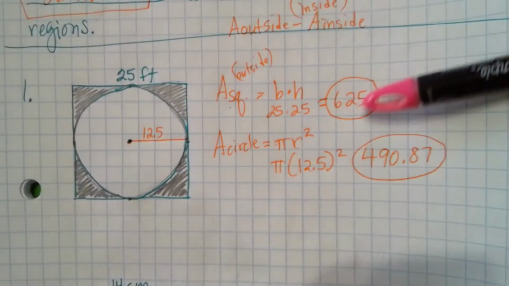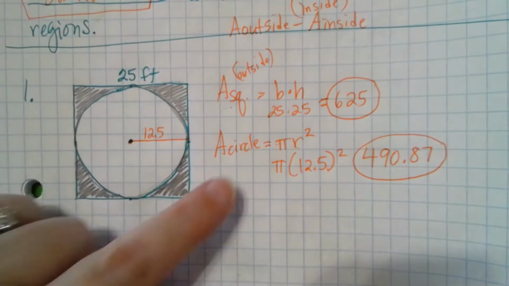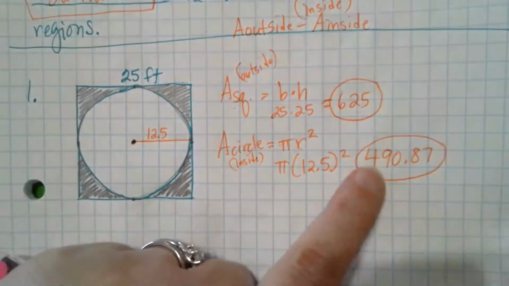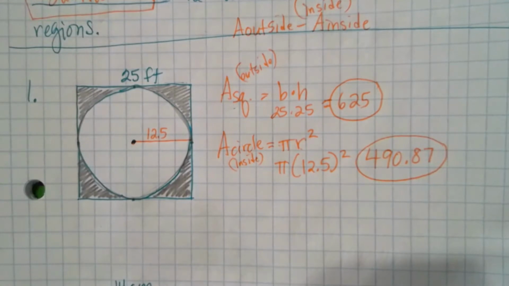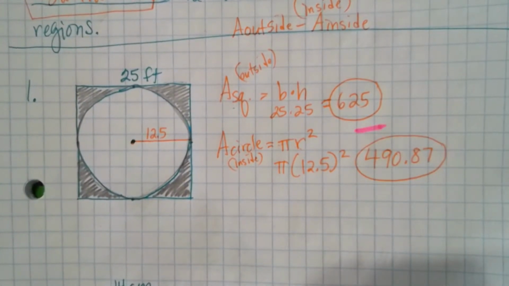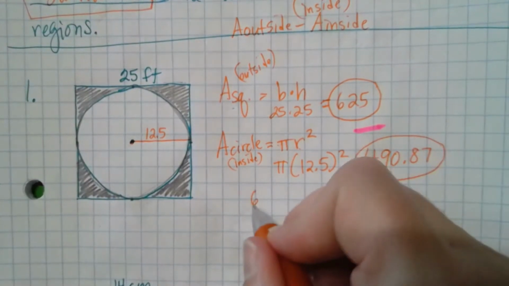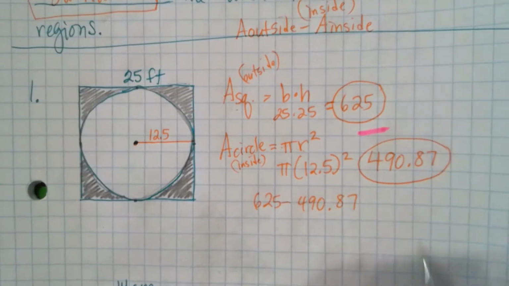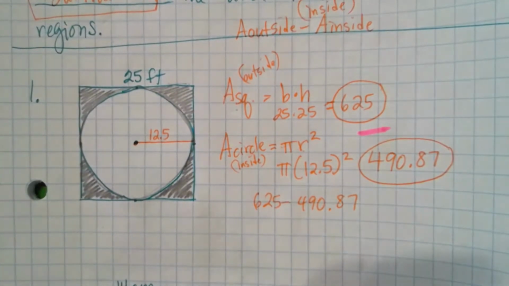So this is the whole square on the outside. The circle is the inside part. So what are we going to do with those two numbers now? We are going to subtract them. So 625 take away 490.87. I'm only going to write that this one time.